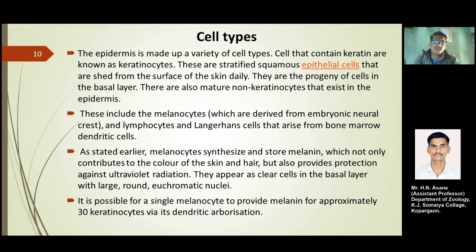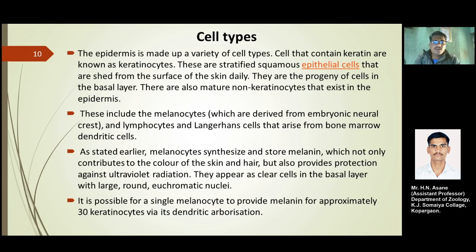The Langerhans cells arise from bone marrow and are dendritic cells. The melanocytes synthesize and store melanin, which not only contributes to the color of the skin and hair but also provides protection against ultraviolet radiation.